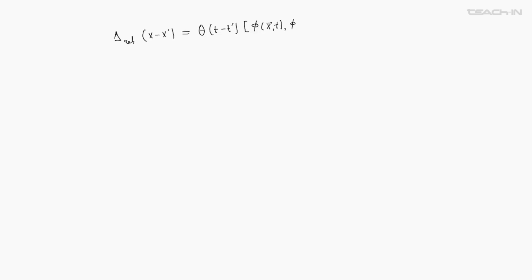If you compare this to the definition of the Pauli-Jordan function, what is written here is simply i h bar c, theta function t minus t prime, multiplied by d of x minus x prime, where this d is the Pauli-Jordan function.